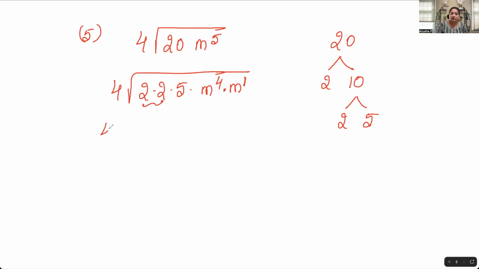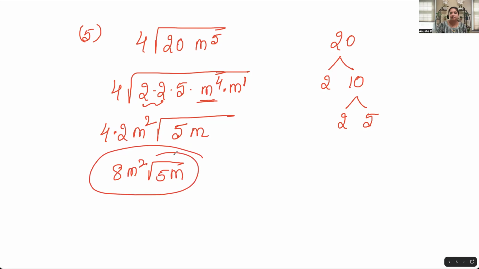When we have two 2's, we can bring out one 2. We are left with 5. The square root of m to the power of 4 is m to the power of 4 divided by 2, which is m squared, and we are left with 5m. 4 times 2 is 8 m squared, square root of 5m.